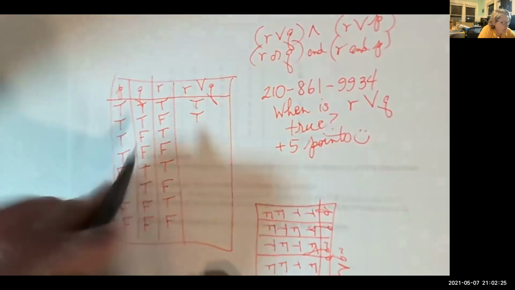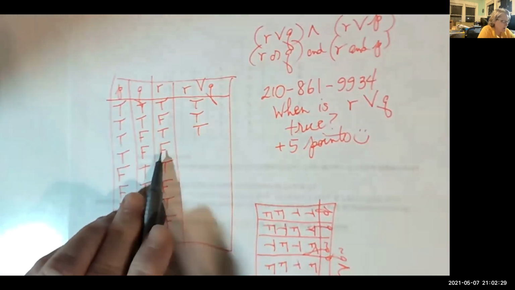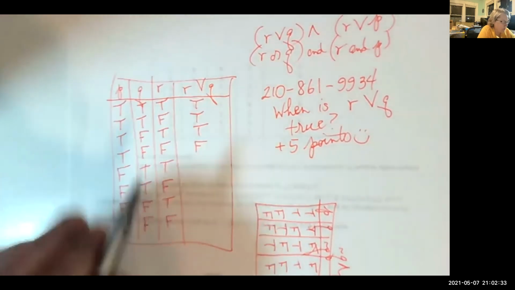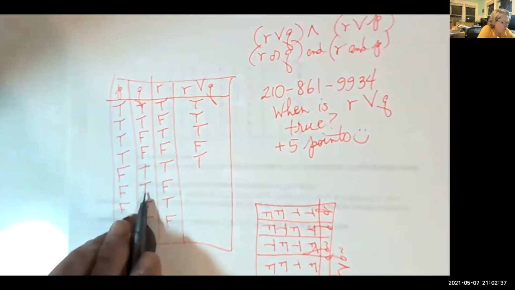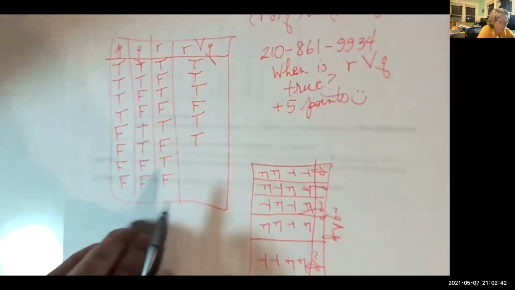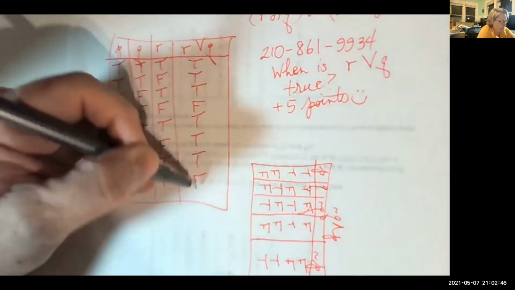False or true, the answer is true. False or false, this is the only time we have an outcome of false when we are using or. True or true is true. True or false is true. False or true is true. False or false, that's false.